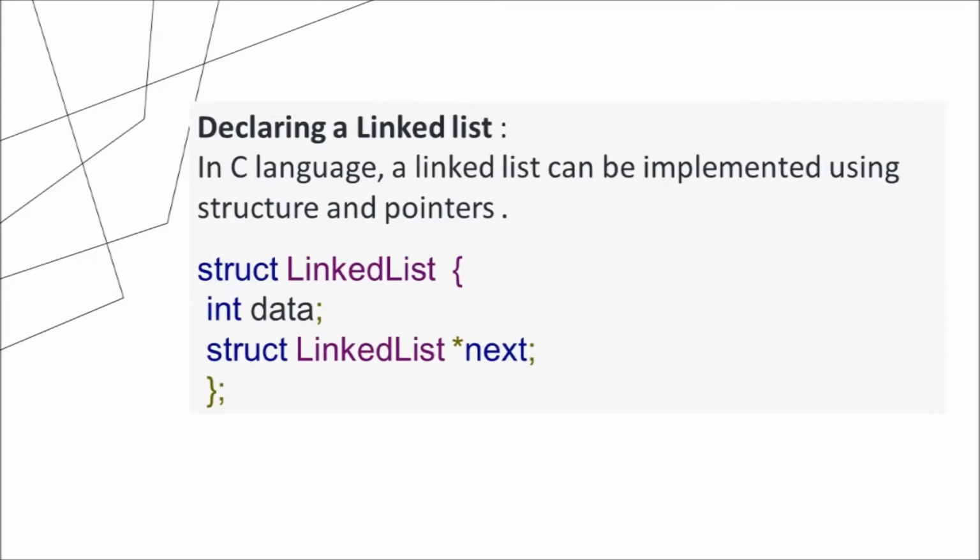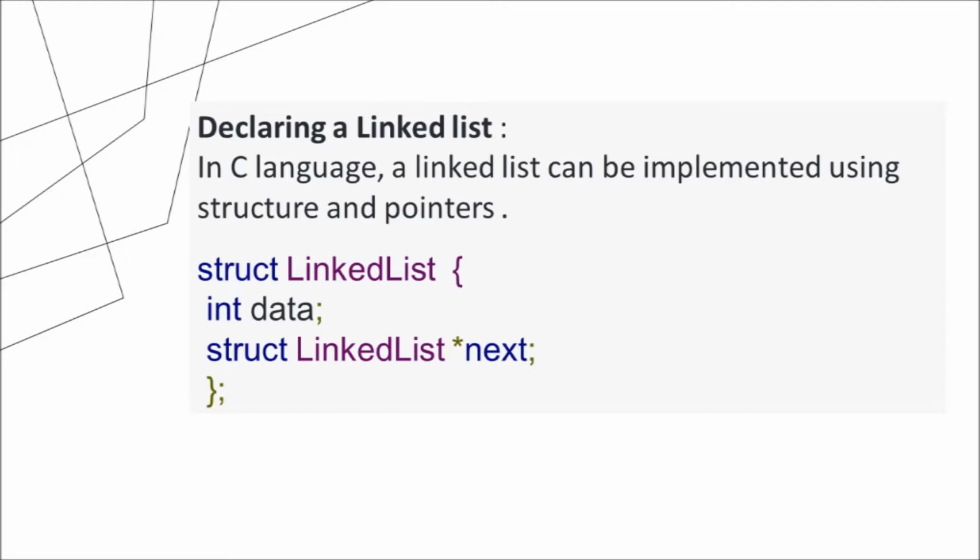And struct linked list pointer to the next node. So next is the link, it stores the address of the next node and points to the same structure, so it's a self-referential structure. We will use a self-referential structure for creating a node of a single linked list.